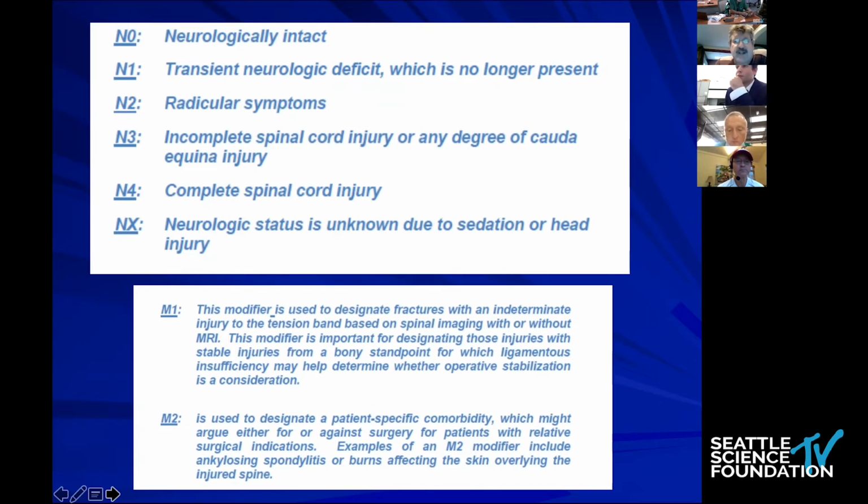And then lastly, only 2 modifiers. One of these modifiers, the M1, was that group of patients where it was very difficult to tell if the posterior ligamentous complex was intact or not. And M2 meant that there were other things going on with the patient, other injuries that would alter your treatment. So it was just indicative that there were other concepts in play here.